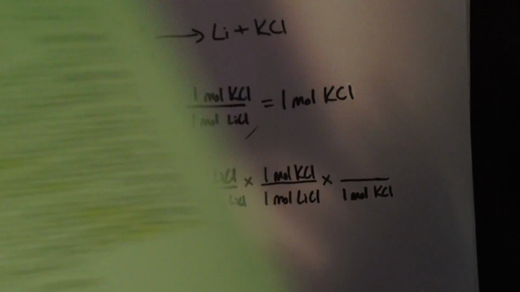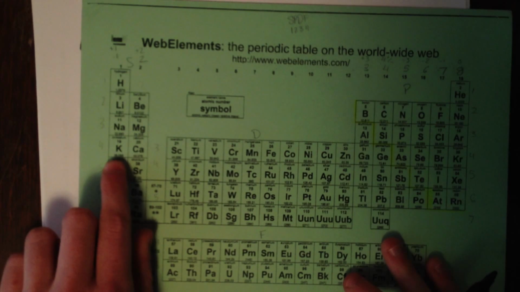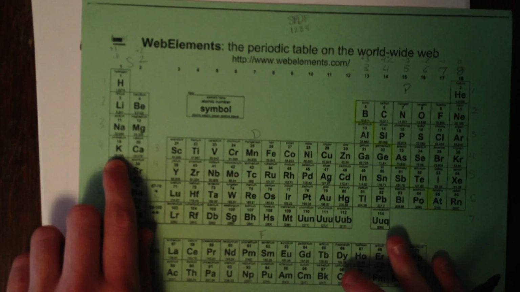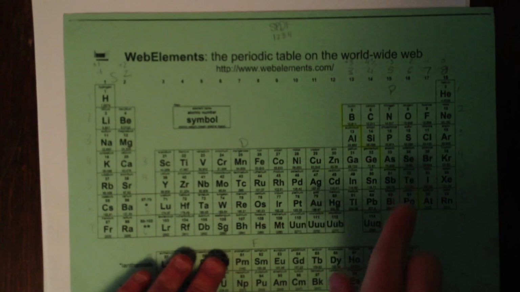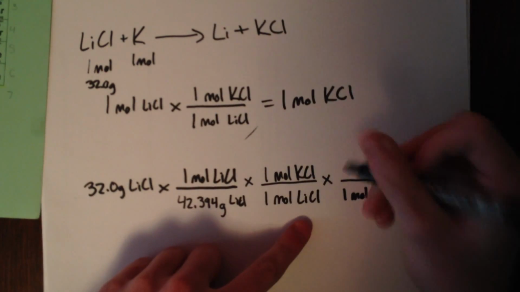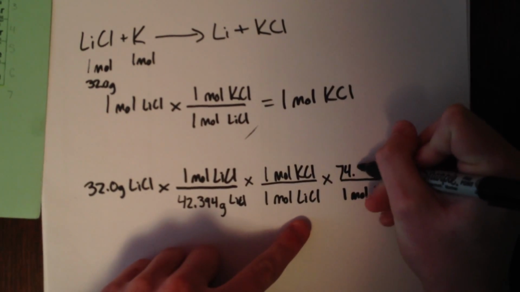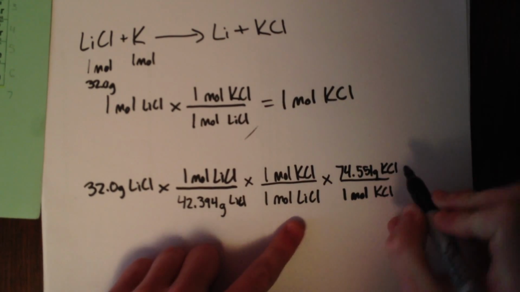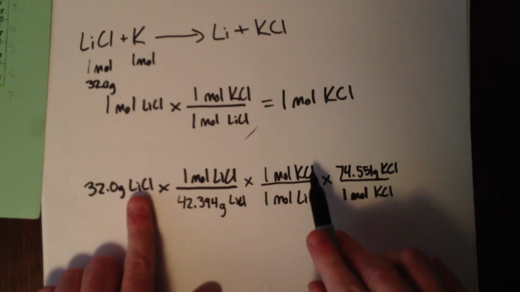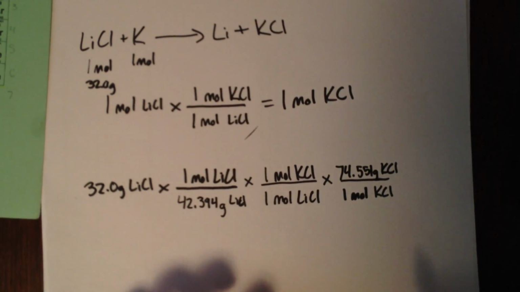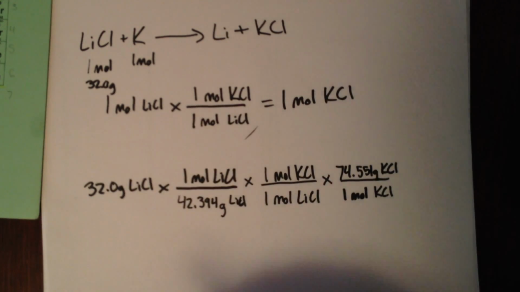So we look on our handy dandy periodic table, we see that potassium has an atomic weight of 39.098 grams, and chlorine still has an atomic weight of 35.453. We add those together and we get 74.551 grams of potassium chloride. You don't have to label these every time, but it does make it much, much easier when you're trying to decipher what you've basically just done.